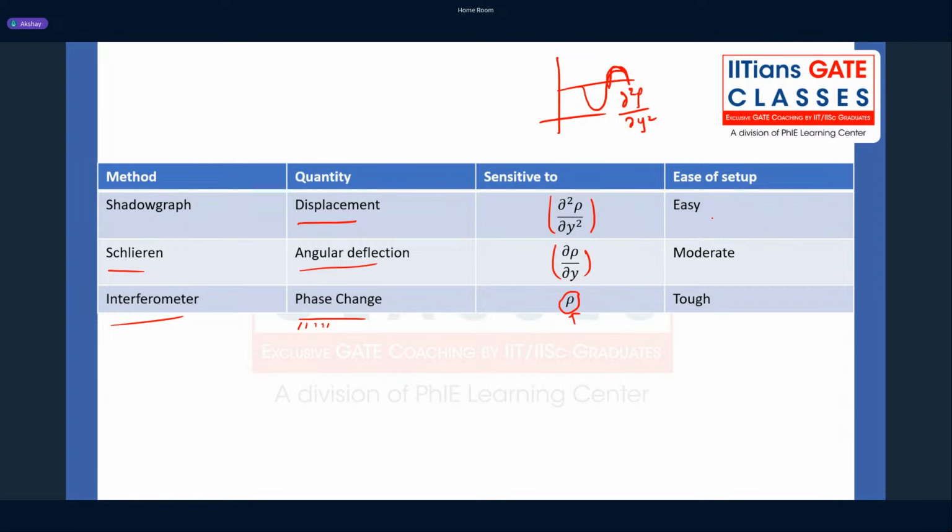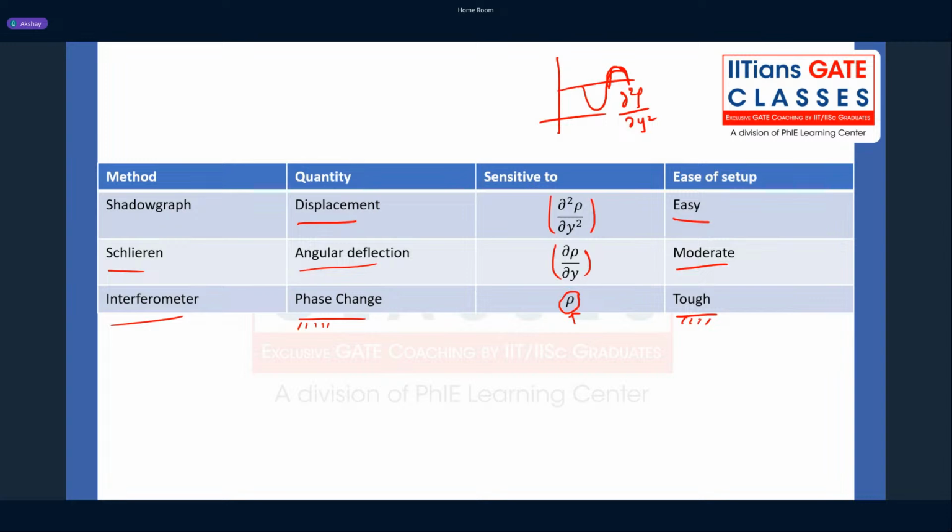If I want to set up a shadowgraph, which is relatively easier, and if I want to set up a Schlieren, that is moderate. It's not that easy, but it's not as tough as interferometer. The interferometer setup is much more difficult because this all involves optical setup.